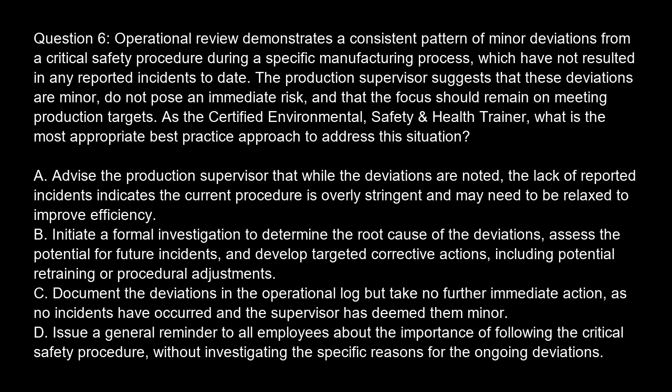Option C. Document the deviations in the operational log but take no further immediate action, as no incidents have occurred and the supervisor has deemed them minor. Option D. Issue a general reminder to all employees about the importance of following the critical safety procedure without investigating the specific reasons for the ongoing deviations.